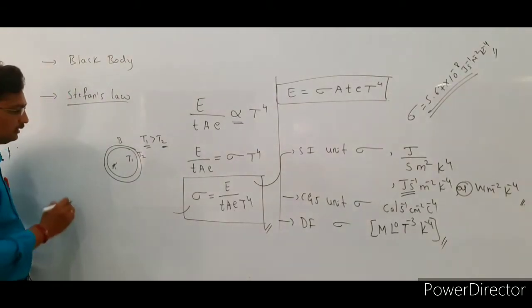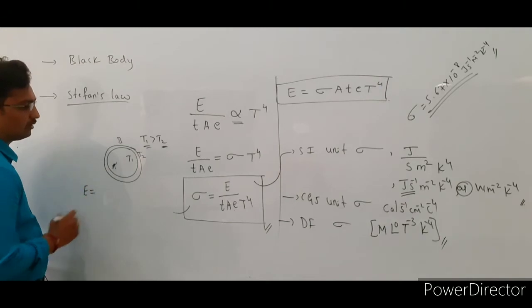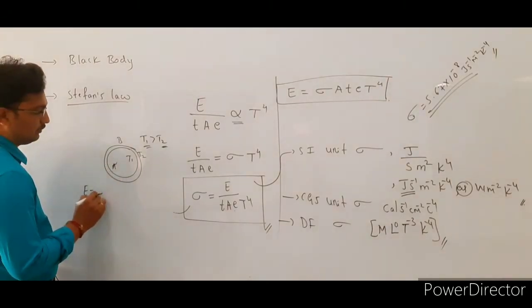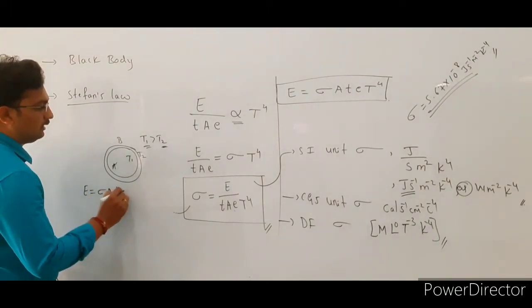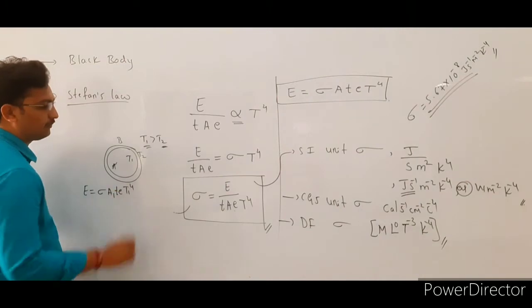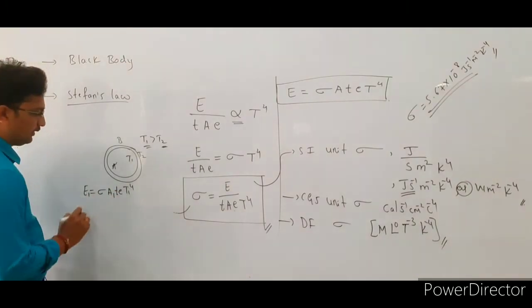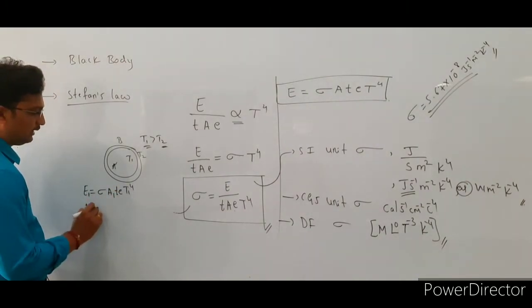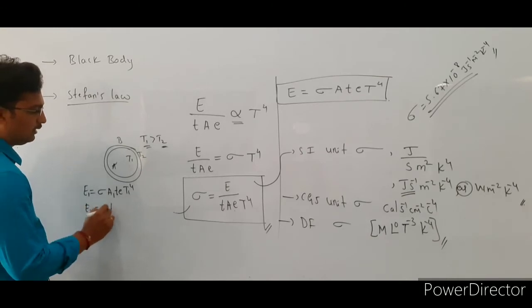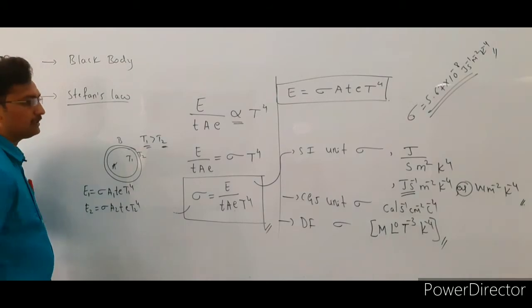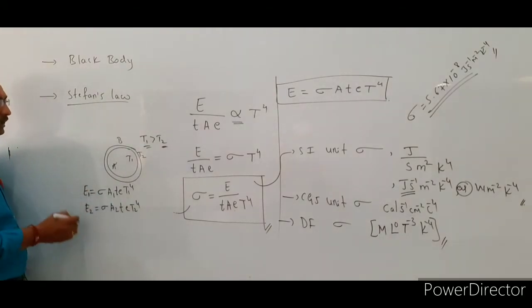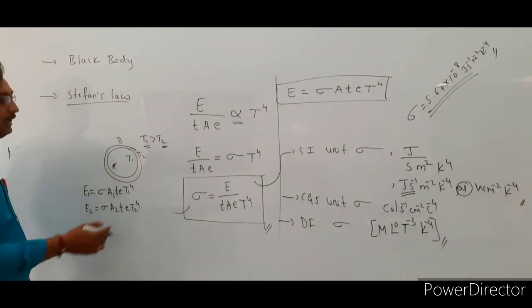See here, the energy emitted: the first one is E1 equal to sigma A1 T1 to the power 4, and this is E2 value, sigma A2 T2 to the power 4. Here we want to calculate the amount of heat energy radiated.